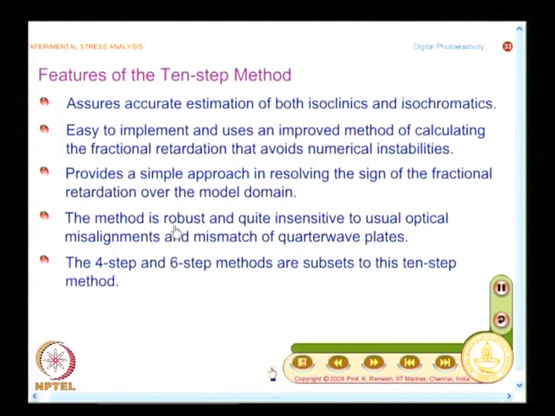The method is robust and quite insensitive to usual optical misalignments and mismatch of quarter wave plate. This is also very important. If you say that the method demands very high precision movement of optical elements, then you need to go for a sophisticated stepper motor controlled polariscope, where you are able to precisely align the optical elements. Whereas, we have seen compared to all other optical methods, photoelasticity was robust all along.